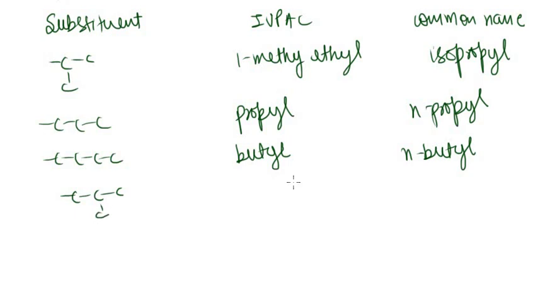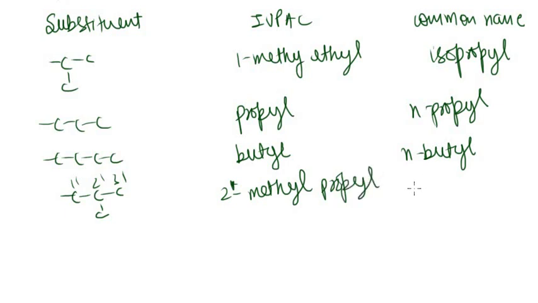If we have 1, 2, 3, 4 like this, we will write 2 dash methyl propyl, but in the common name it will be isobutyl.